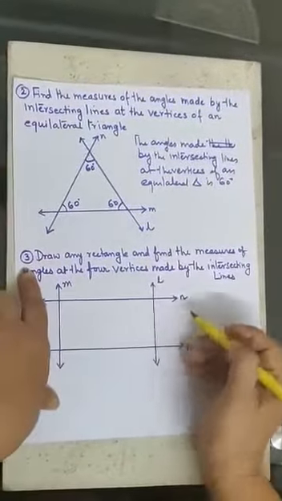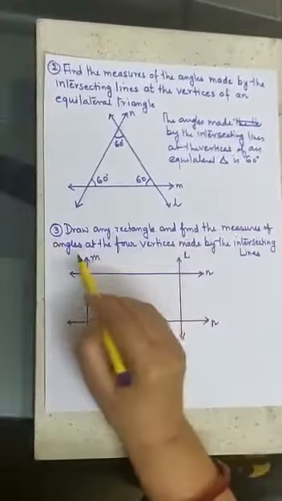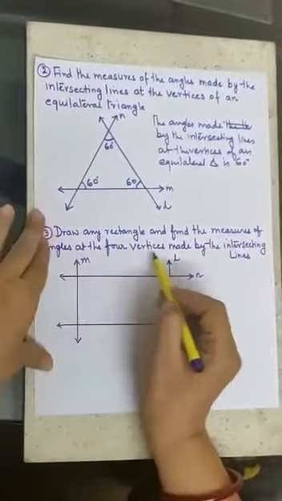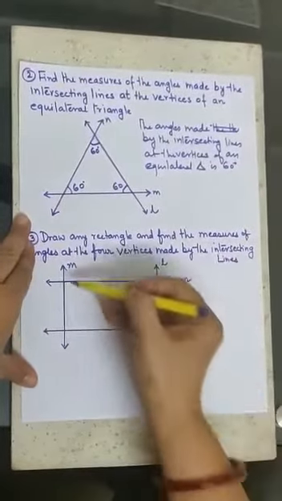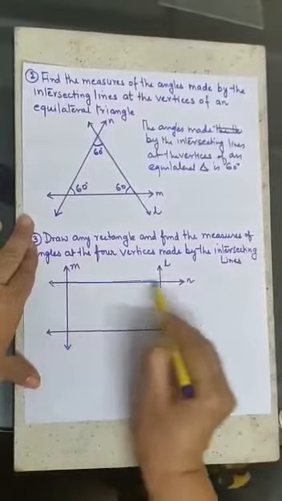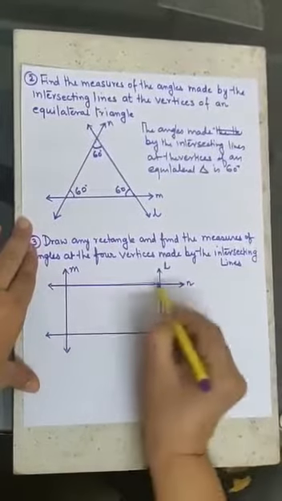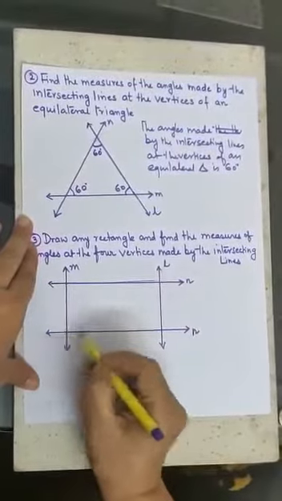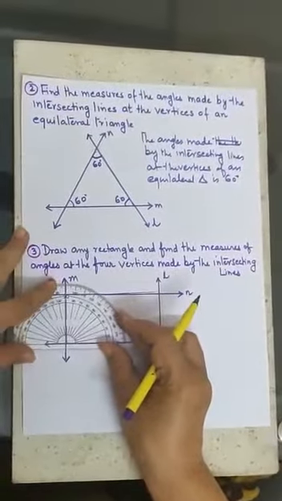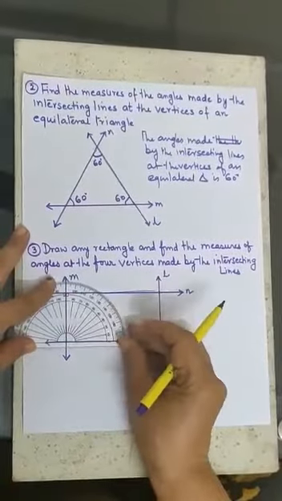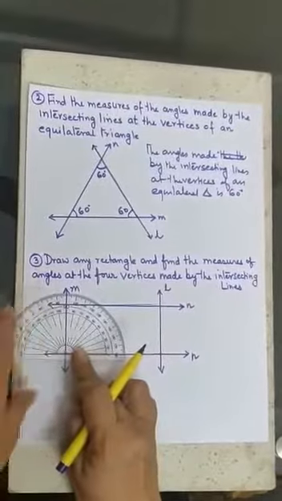Now the next question, draw any rectangle and find the measures of the angles at the 4 vertices made by the intersecting lines. Now this is line L, this is line M, this is line N and this is line P. These lines are made in such a way that a rectangle is formed. Now we place this protractor at one of the vertex and we see that a 90 degree angle is formed.